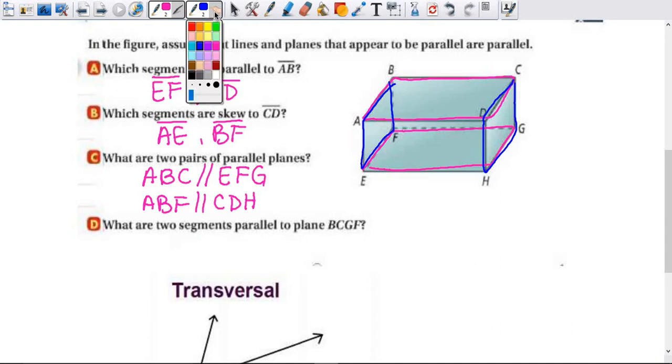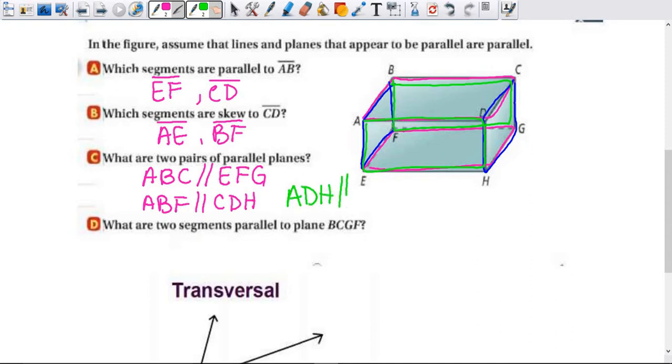And I could also do the front here to the back one there. That would be ADH parallel to BCD. Oh, BCG, G down here, okay?